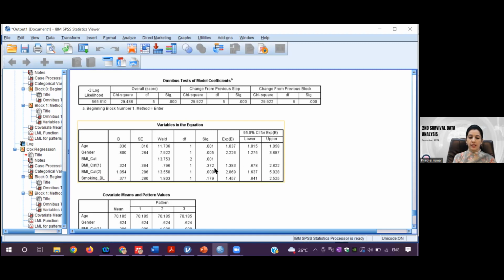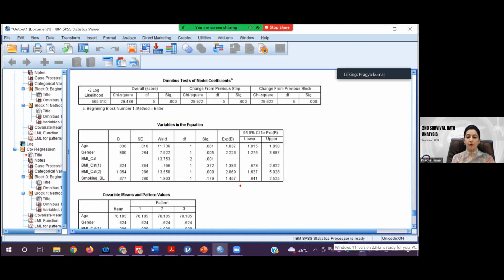Similarly, because this is significant, I can say that the hazard ratio for an obese individual for having a second attack of MI is 2.86 times as compared to normal, because normal is the reference category. So you have to comment only on the significant one. The non-significant one, you can leave as such.